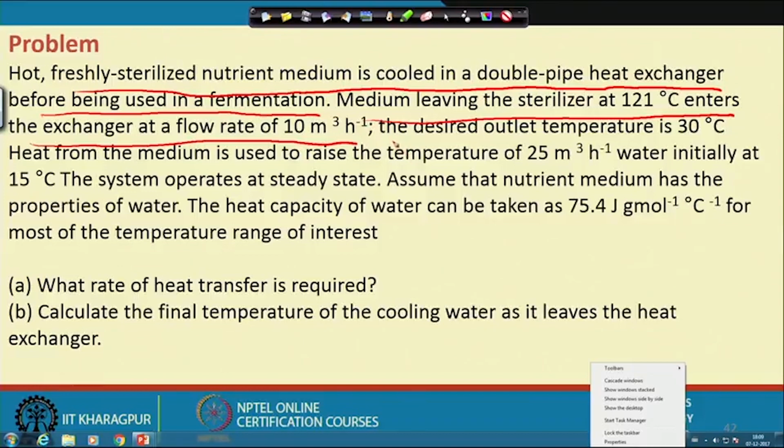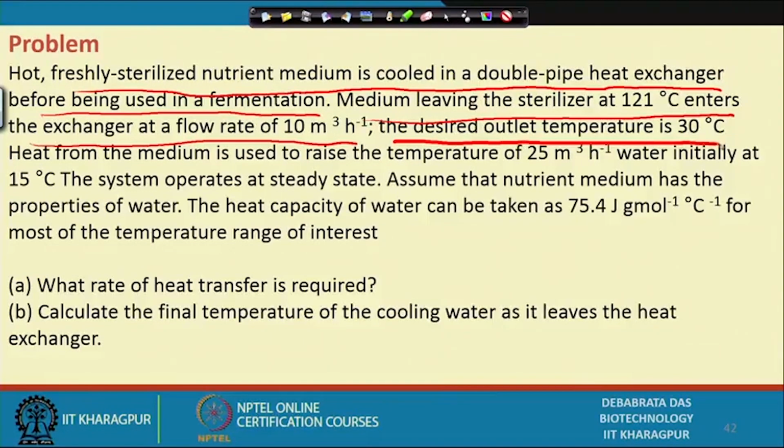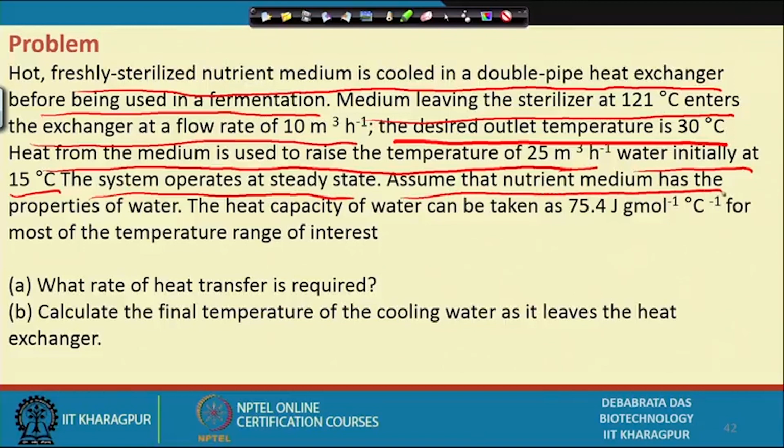The desired outlet temperature is 30 degrees centigrade, and 25 cubic meter per hour of chilled water is used to cool it down. The system operates at steady state. Assume the nutrient media has the properties of water.